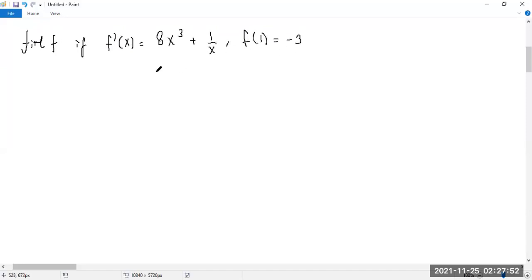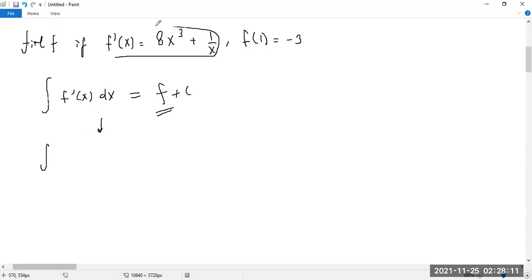So the idea behind this is to understand that if I take the integral of f prime of x, then I will get f, a general solution. So I will take this and put it into the integral function. I will get the integral of 8x cubed plus 1 over x dx.